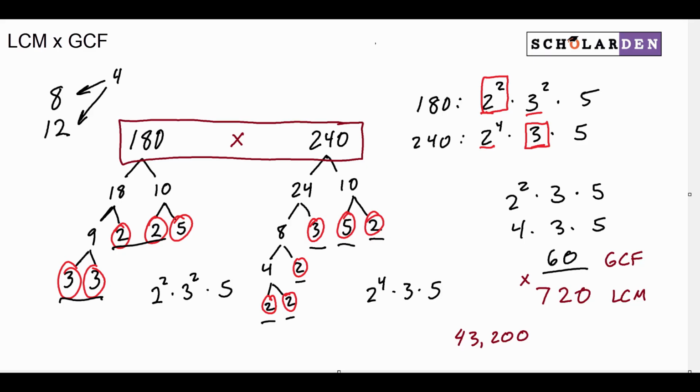So let's write out that rule and then just do an example with two smaller numbers.